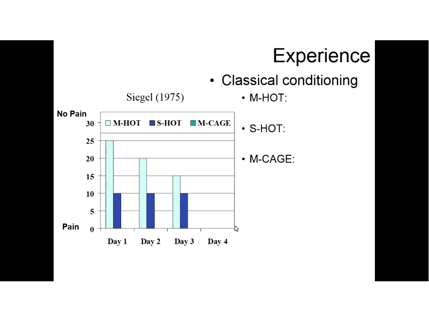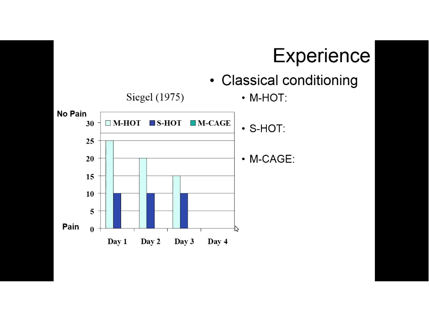In this study, he had a couple of groups, and it was set up so that these animals received morphine and were assessed for their pain tolerance on day 1, day 2, day 3, and day 4.